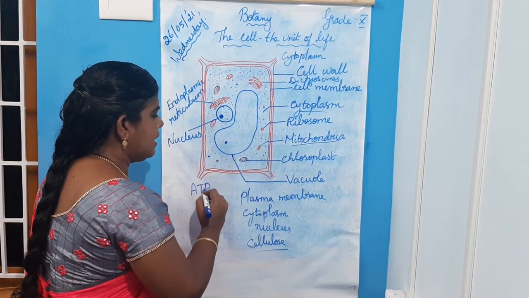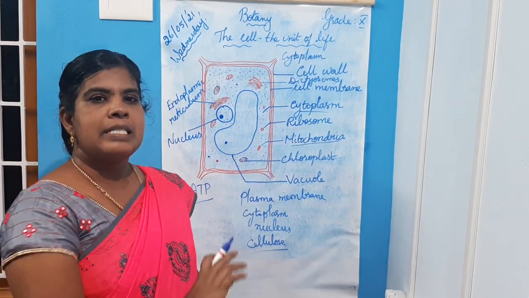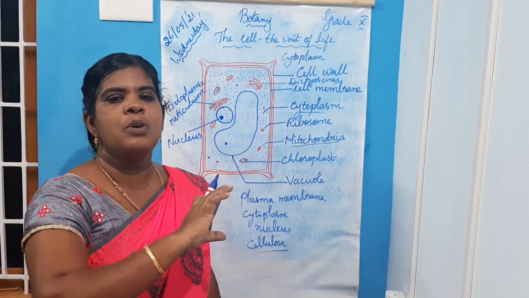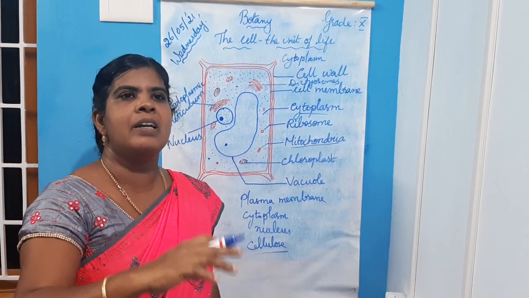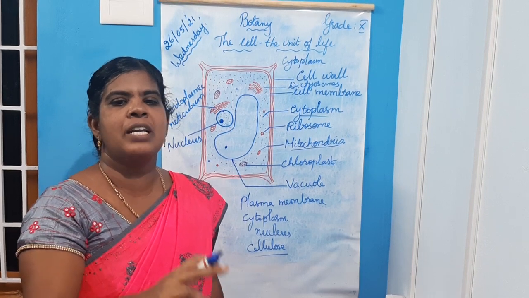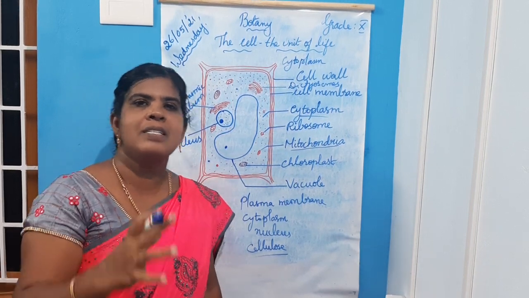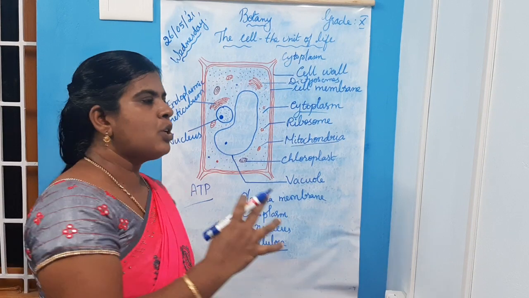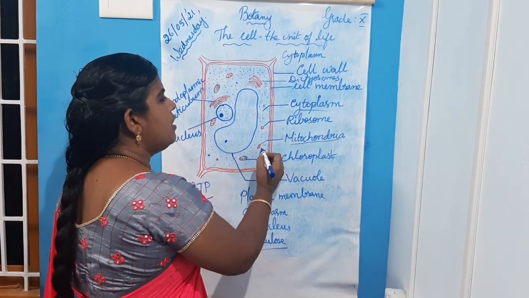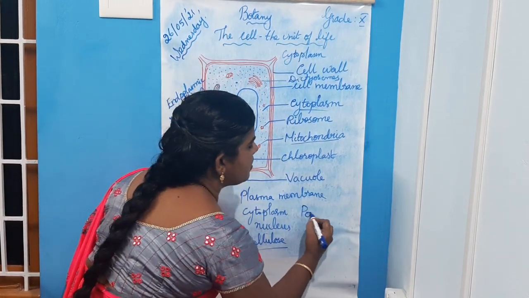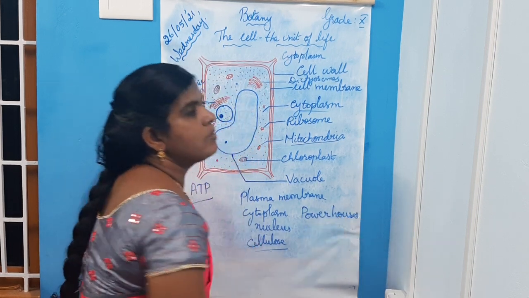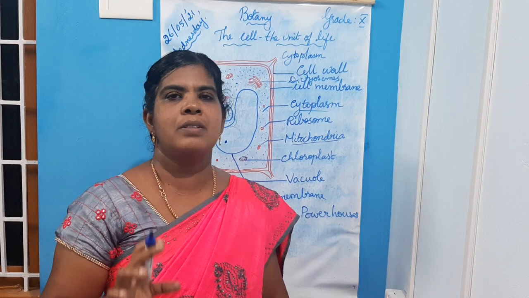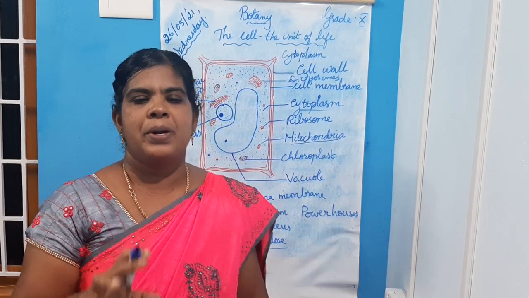It's an energy-rich compound. So these mitochondria are responsible for cellular respiration and produce a large number of ATP. So mitochondria are called the powerhouses of the cell.